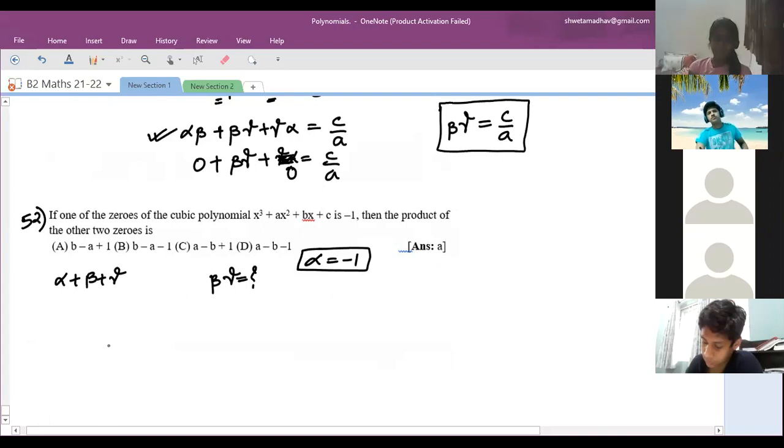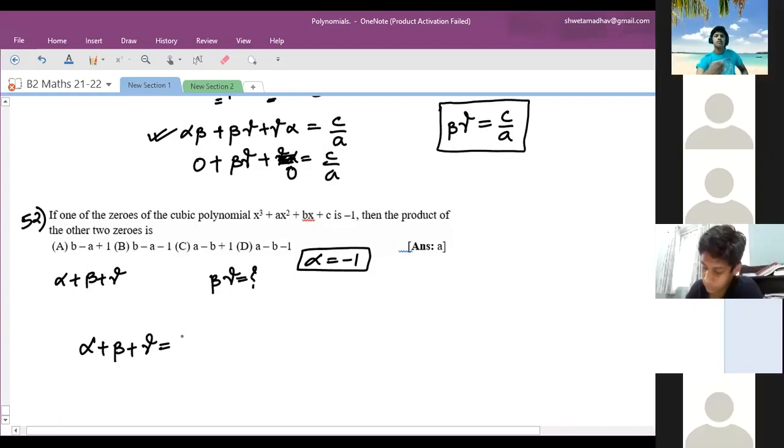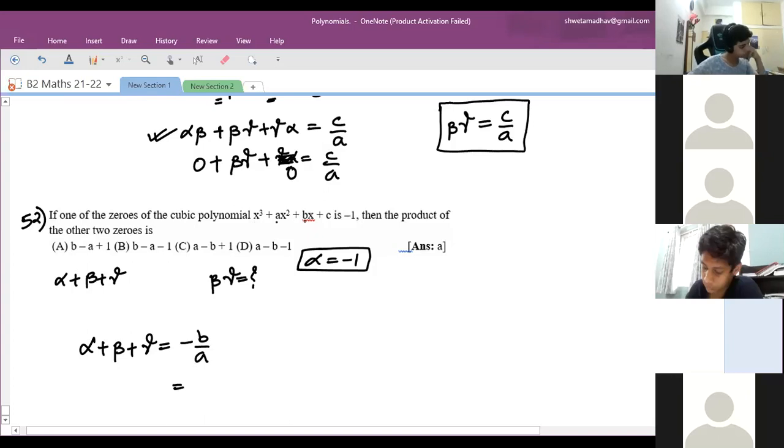For that, first relation: alpha plus beta plus gamma, what is the value? Minus B by A. So what is minus B by A here?